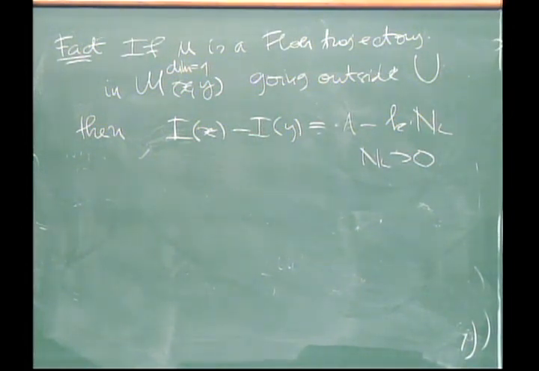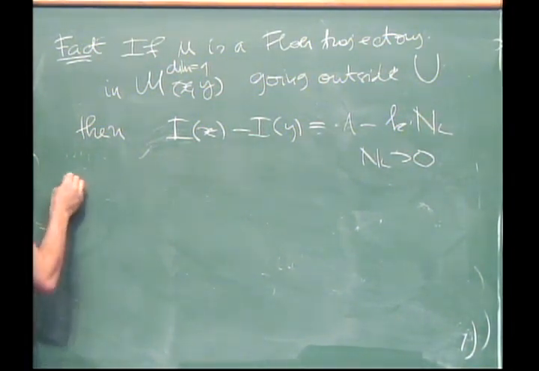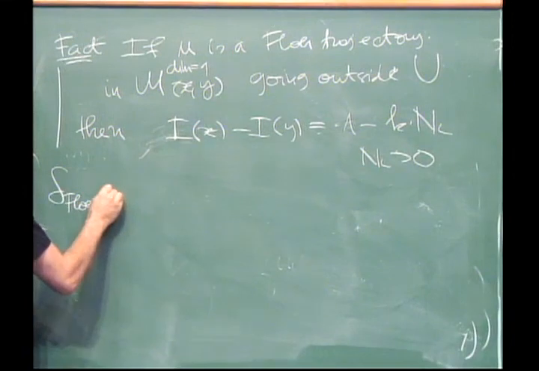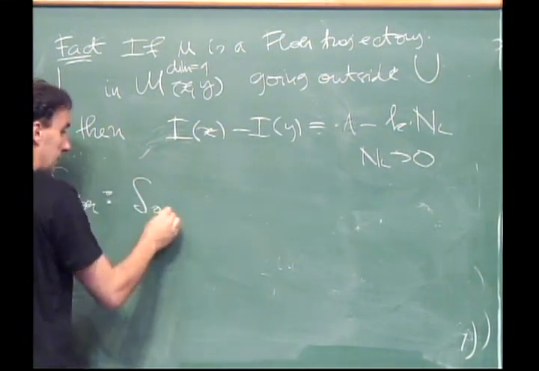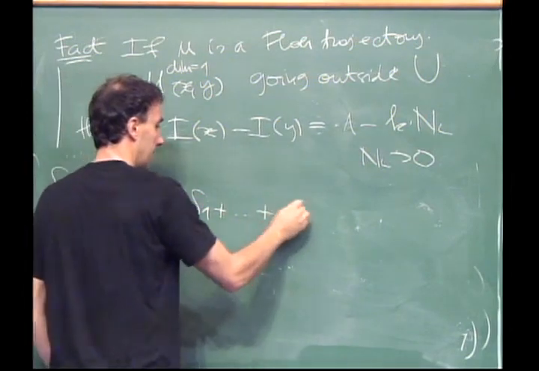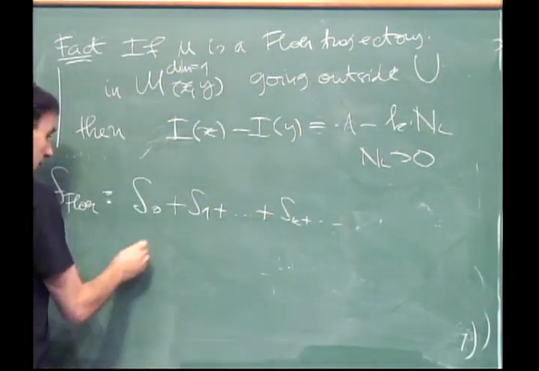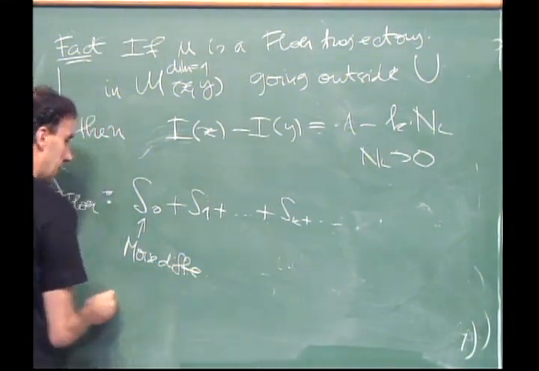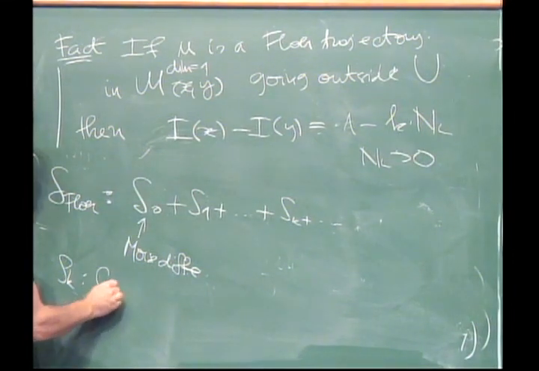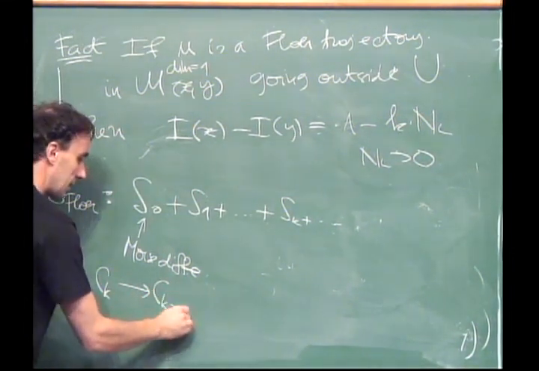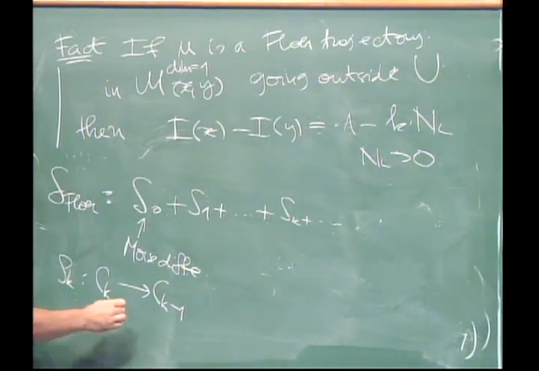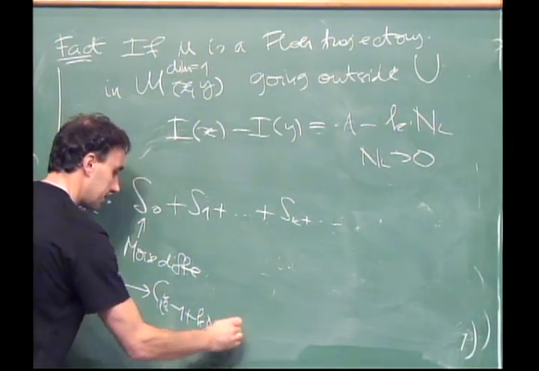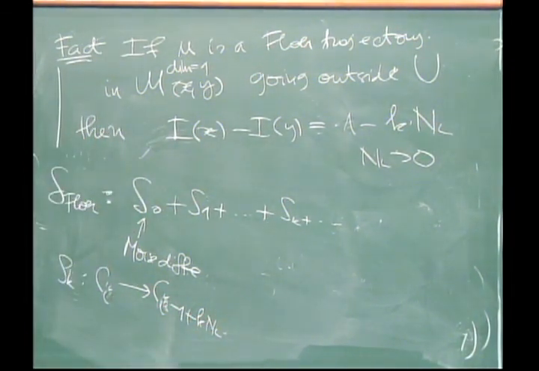So in this case, one can write the Floer differential as a sum, where this is the Morse differential, and then d_k goes from C_i to C_{i-1+k N_L}.